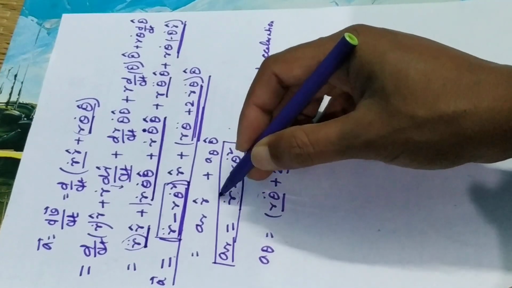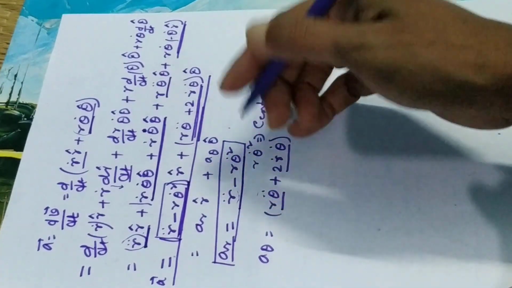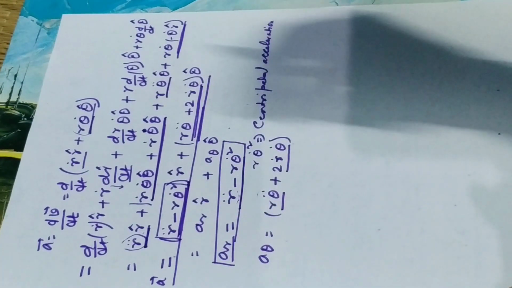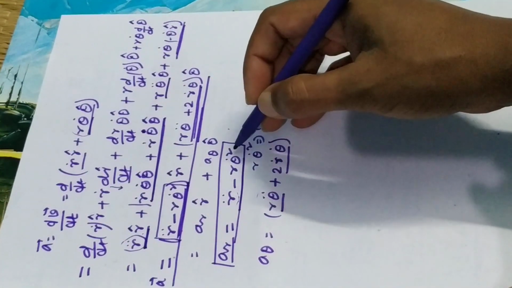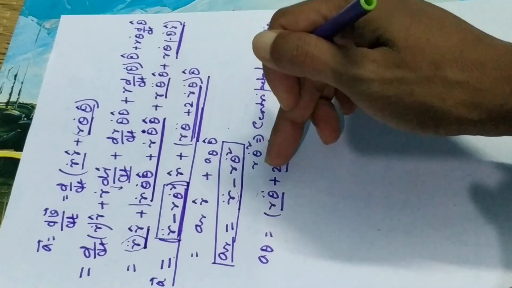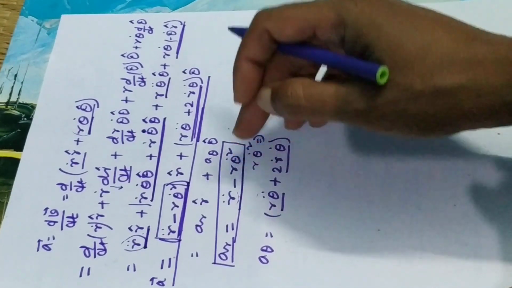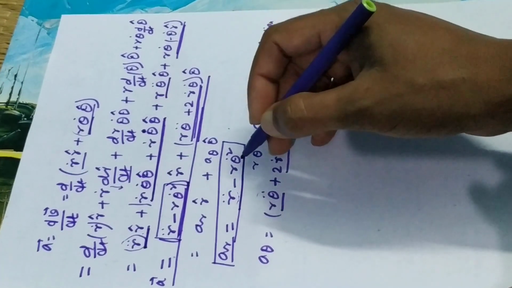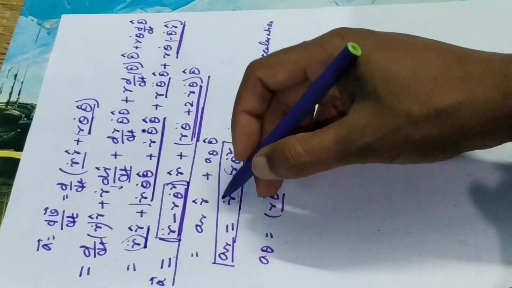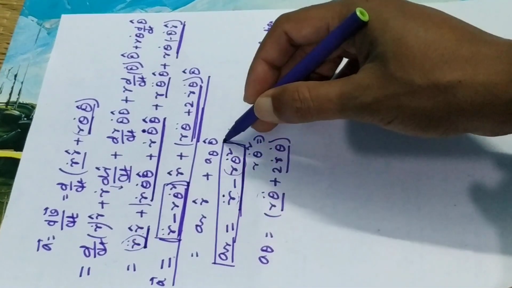One is r-double-dot, which represents the acceleration of the particle in the direction in which r is increasing, away from the center. The other is in the direction in which theta-dot is increasing, and this actually comes due to the change of theta, and the direction of this term is toward the center, but r-double-dot has the direction away from the center. And this is the radial acceleration.